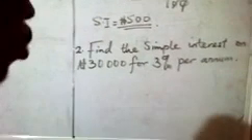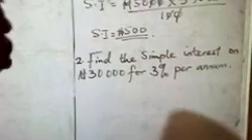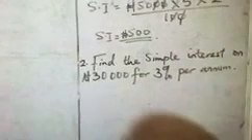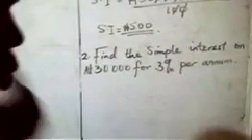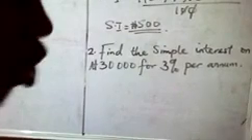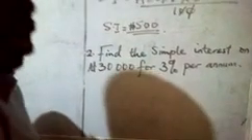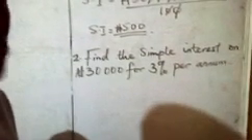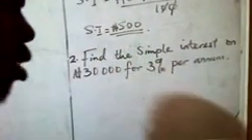Okay, question 2 says find the simple interest on 30,000 naira for 3% per annum. I told you on this video I'm going to teach you everything that has to do with simple interest. Every likely question you are going to come across concerning simple interest.